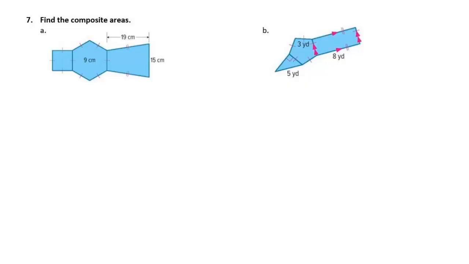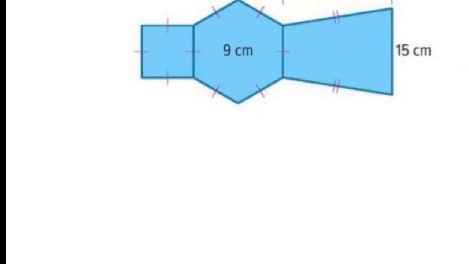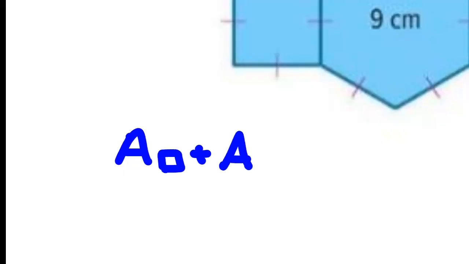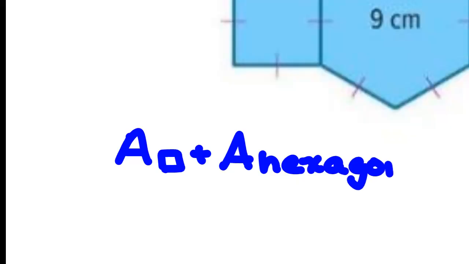So we need the area of the square, plus the area of the hexagon, plus the area of the trapezoid.